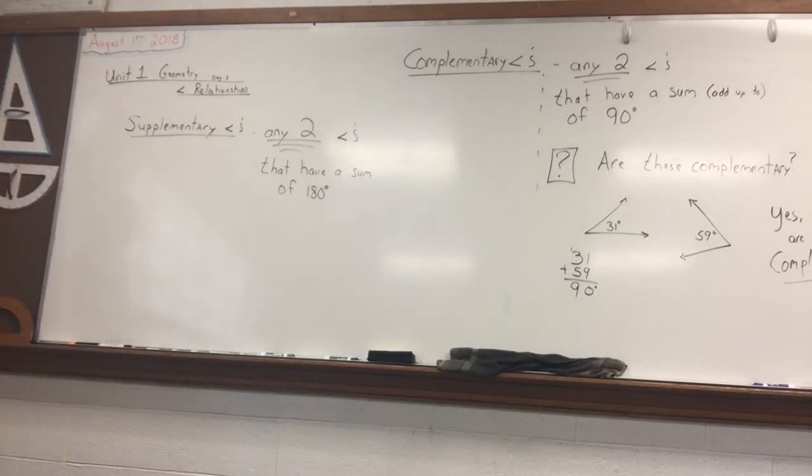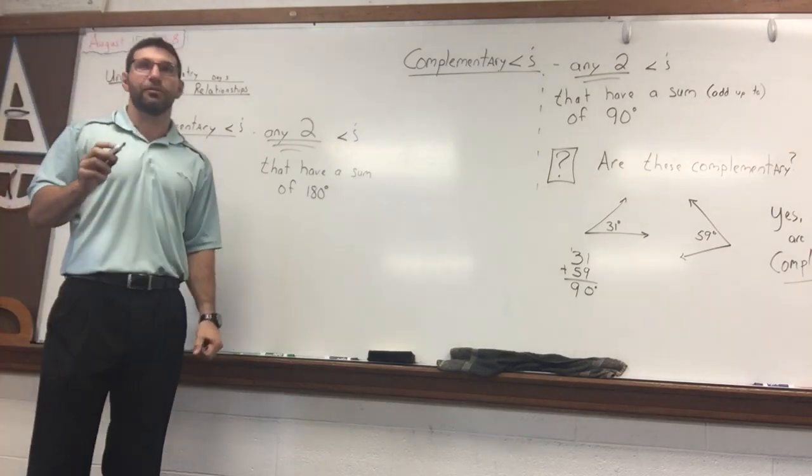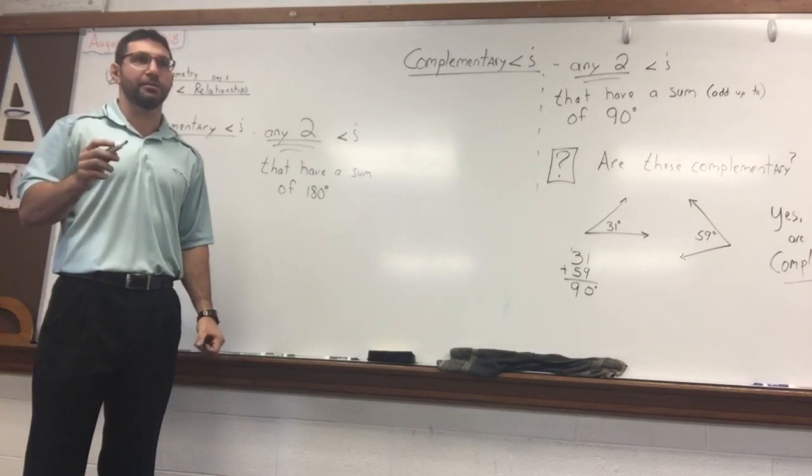Now, for years, I tried to think of a good way for my students to understand the difference between complementary, which is 90, and supplementary, which is 180. Complementary is half of supplementary, right? 90 is half of 180. So here's what I came up with. What does complementary start off with? What's the first letter?